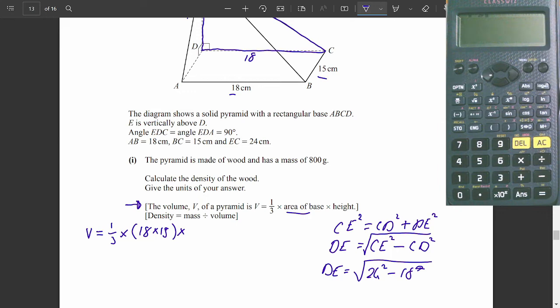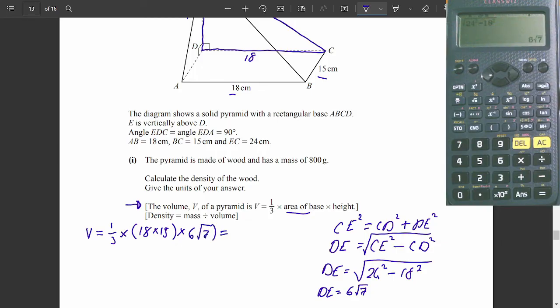Oh, that's an ugly square. Let's put that in: 24 squared minus 18 squared. Now we can write this very long answer, but it's a lot more accurate to leave the answer in surd form, which is 6 square root 7. That's easier to use, and that will give us a more accurate answer.